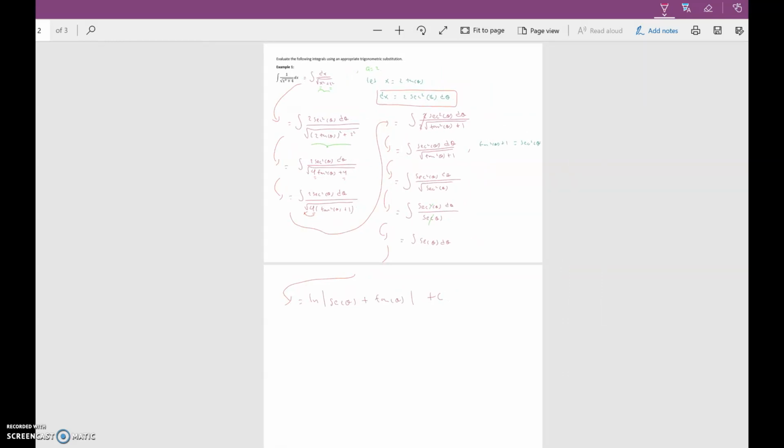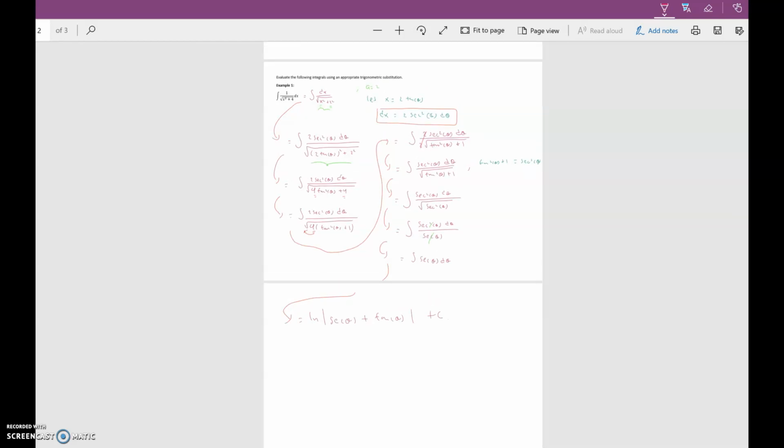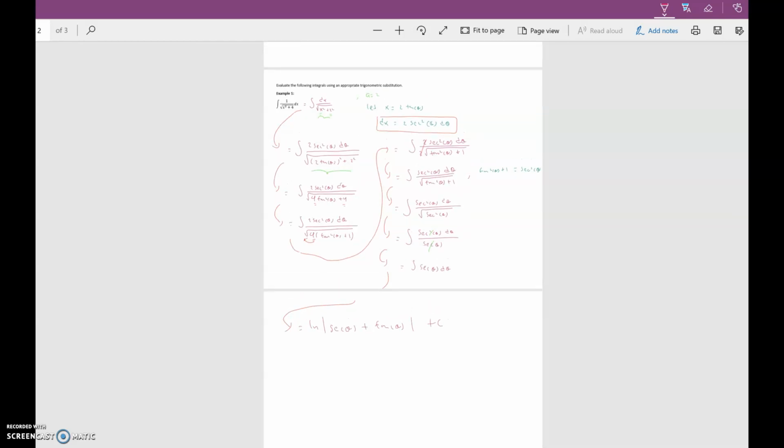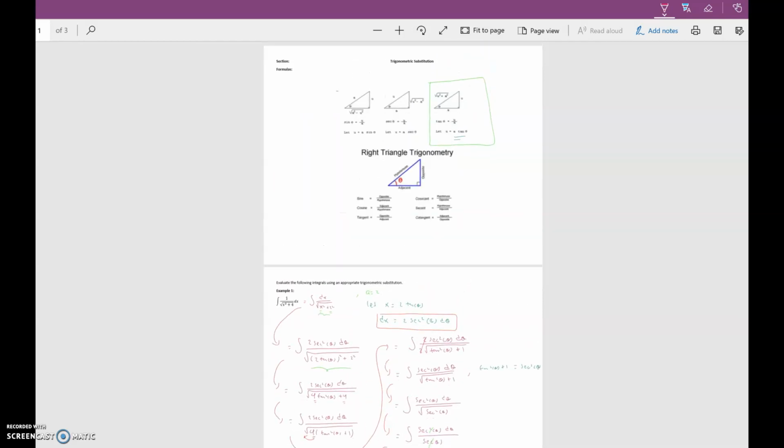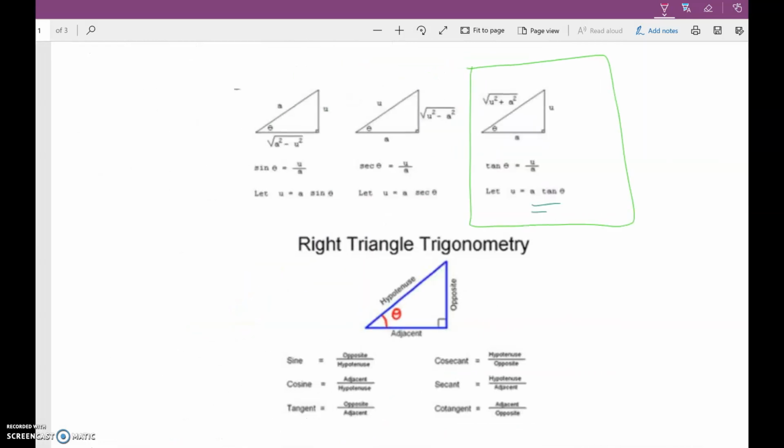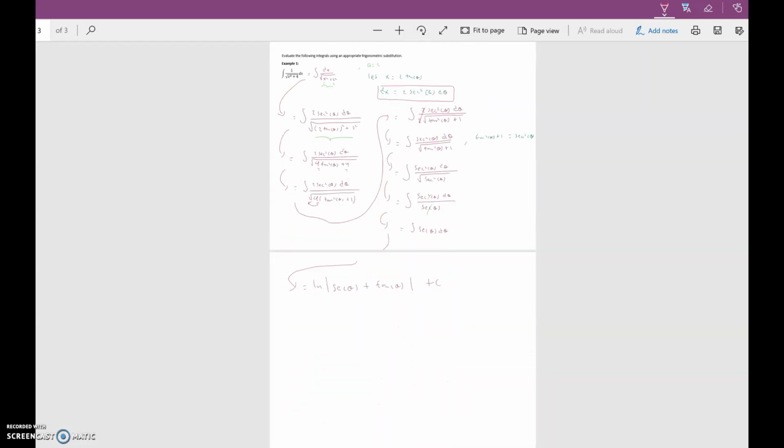Now, we're actually not done with this problem, and let me explain. We just evaluated the integral in terms of theta, but your original actual problem is in terms of the x's. So at this point, you have to go back and look at what original trig substitution was done. So in this case, let me write the actual triangle.